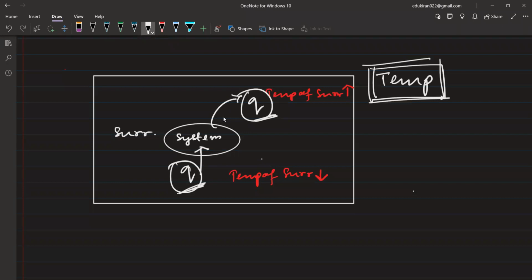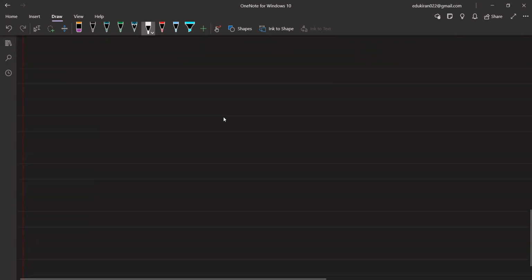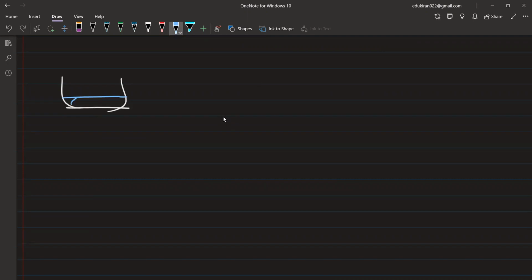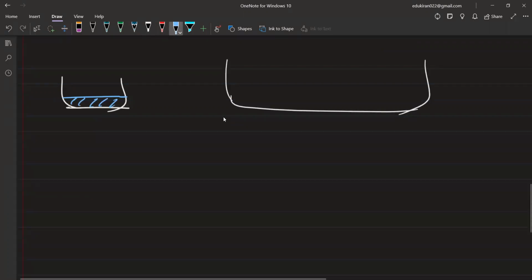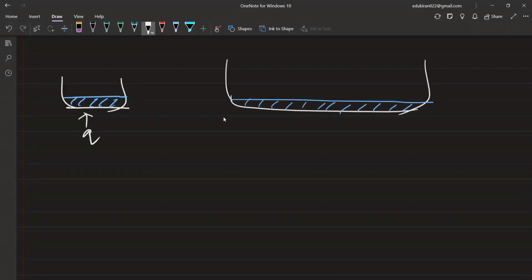Now, if I talk about two bodies, I have here a small utensil and we have water. And I have here a large utensil and a large amount of water. I'm giving this Q amount of heat, and I am also giving this Q amount of heat.